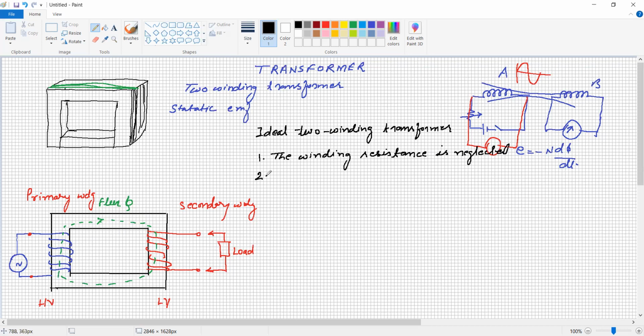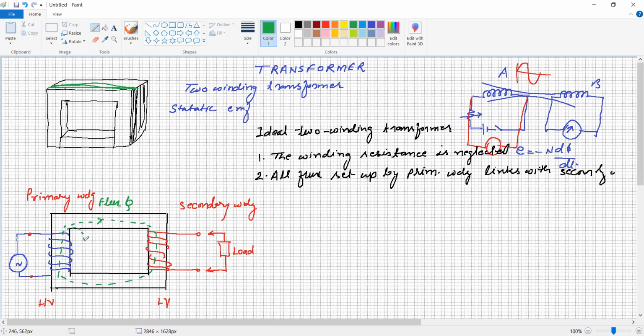Second is that all flux set up by the primary winding links with the secondary winding. Our assumption is that whatever flux is created by the primary winding, the winding which is connected with the source, links with the secondary winding, and no flux makes some short circuited path.